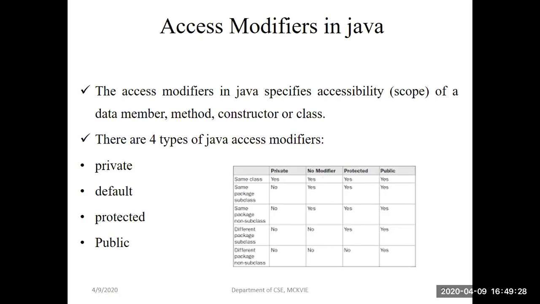So hopefully now it is clear to you what is the difference between using the access specifier public and the access specifier default. The default access specifier means you are not using any access specifier before the data member or methods.